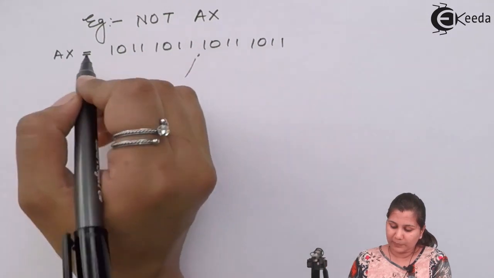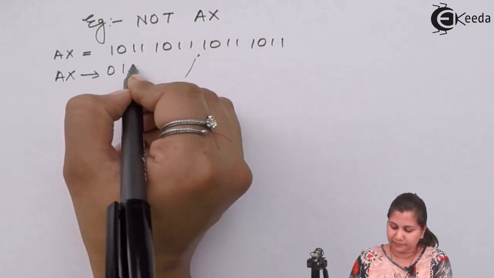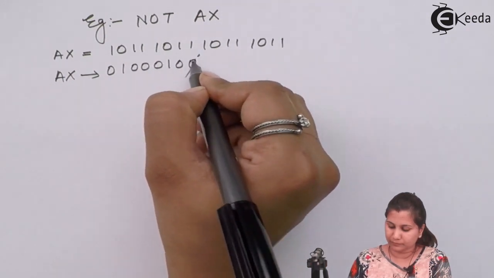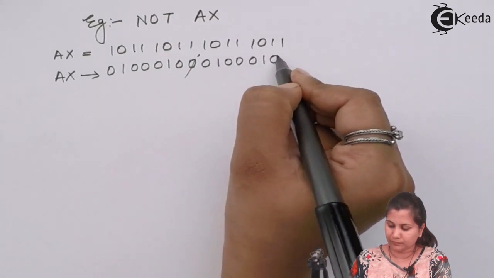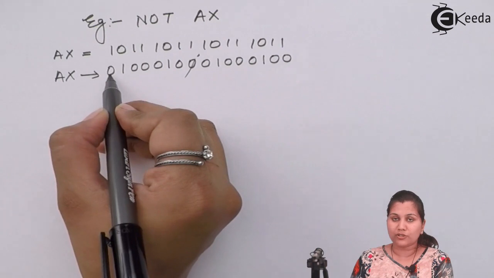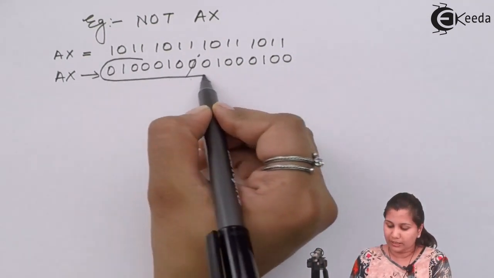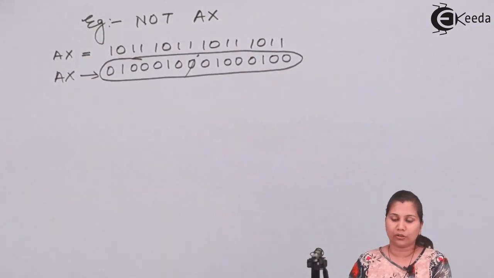When this operation is performed, the new contents of AX will be as follows: 1 is changed to 0 and 0 is changed to 1. So these are the new contents of the AX register after applying the NOT instruction.